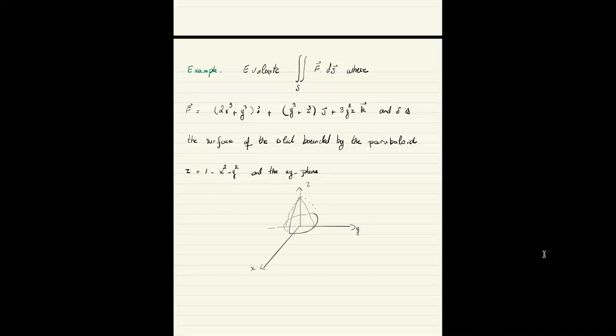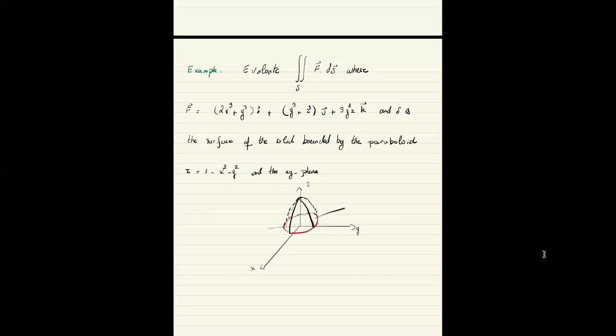Kind of projection. Okay, this is the paraboloid we were speaking about.